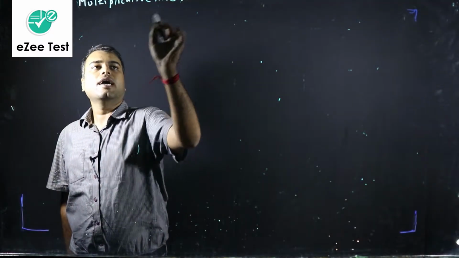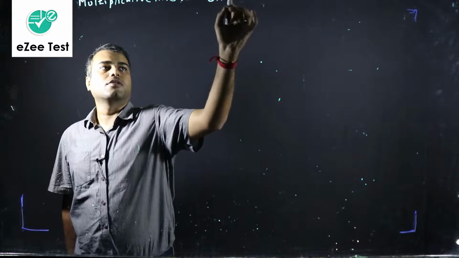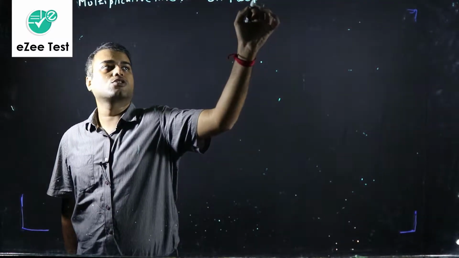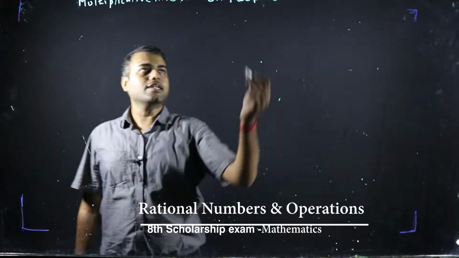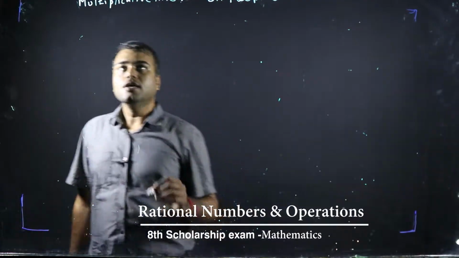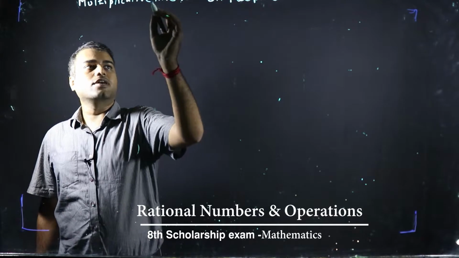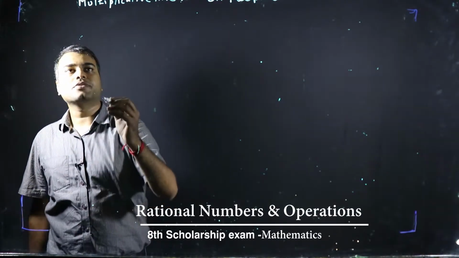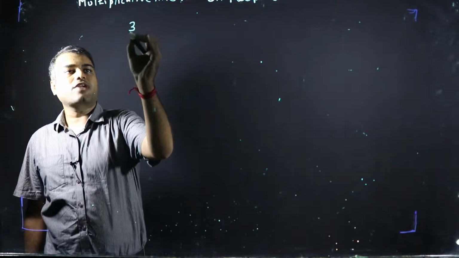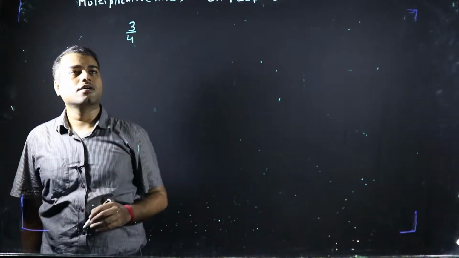Multiplicative inverse or reciprocal. The same term is also referred to as reciprocal, and I hope all of you understand the meaning of reciprocal, right? So multiplicative inverse or reciprocal means the same thing. And what does this mean? Suppose I have a fraction, let's say 3/4.